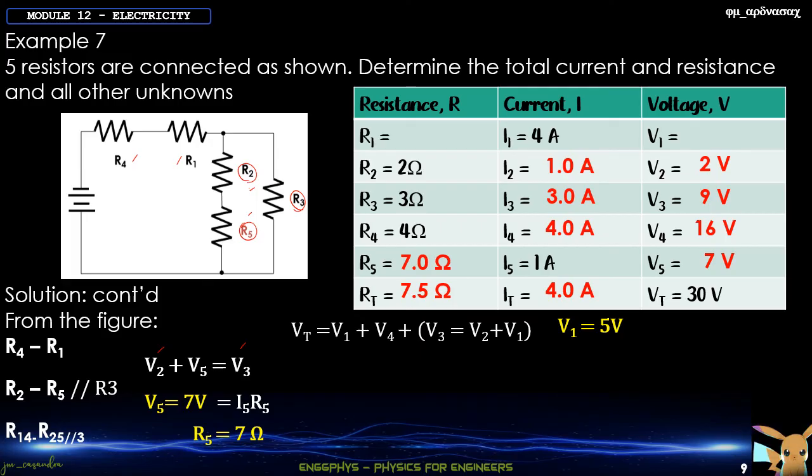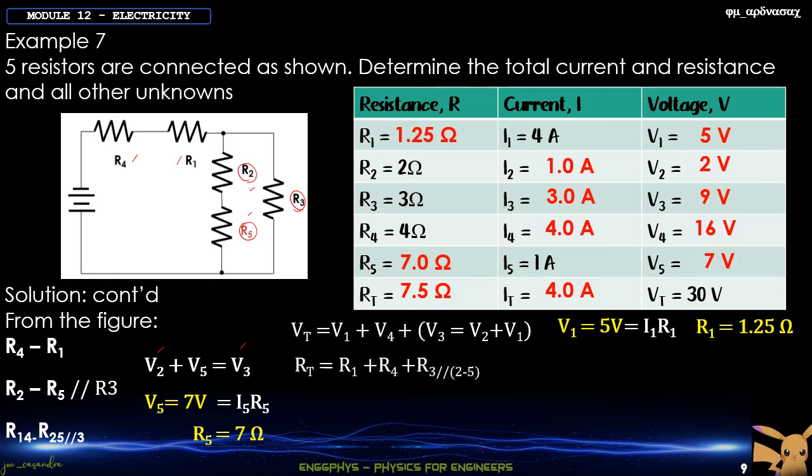And that will give us a value of 5 volts. Okay? So with that, we can now solve for R1, which is equal now to I1 times R1 equal to V1. So computing for R1 now, that will give us a value of 1.25 ohms. Okay, so that's for R1.